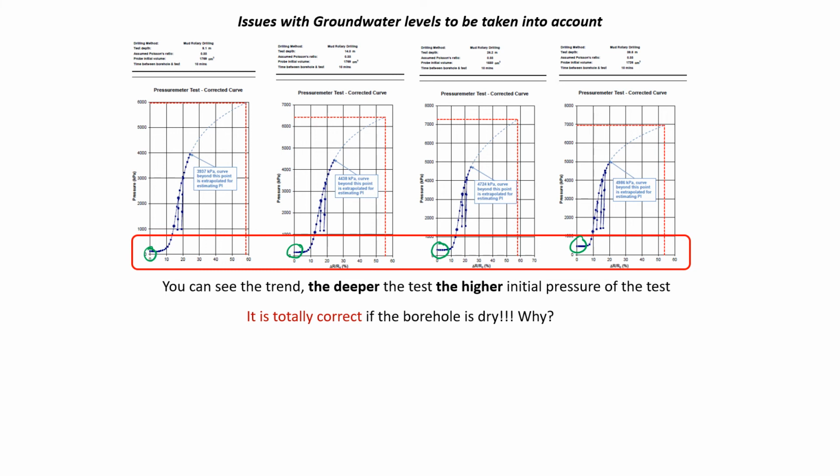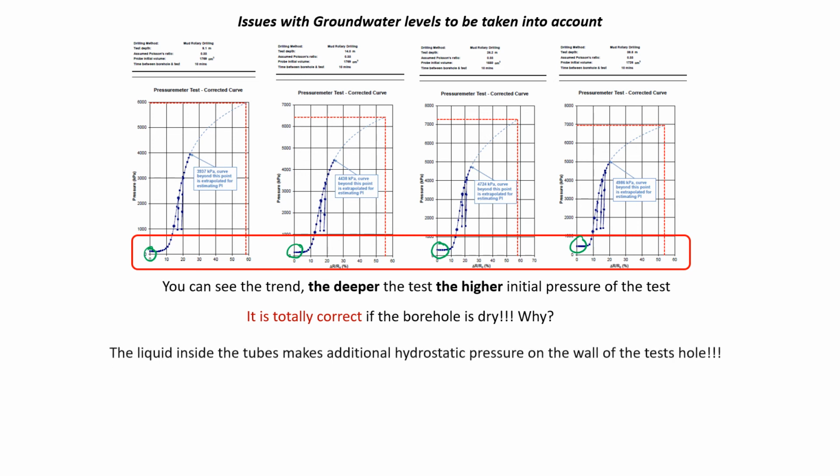The reason behind that is very simple. You have a hydrostatic column in your tubes. That means the deeper you go, the higher the initial hydrostatic column you have. And definitely it starts not from zero, not the origin, it's shifted. But guys, if you are using drilling mud, or your groundwater table is, let's say for example, at the ground surface, what is going to happen?